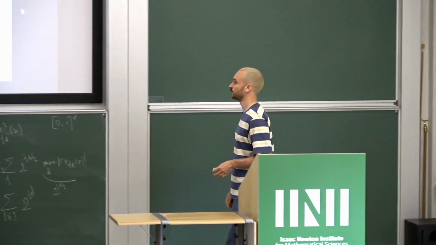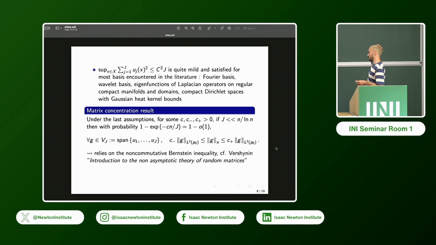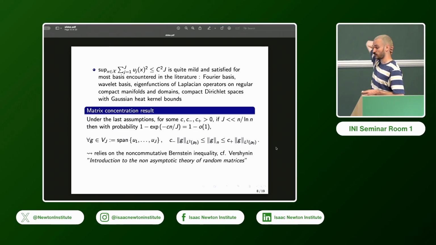And since the density of P_0 is upper and lower bounded and the u_j's are orthonormal, this is almost like an identity matrix in a way.